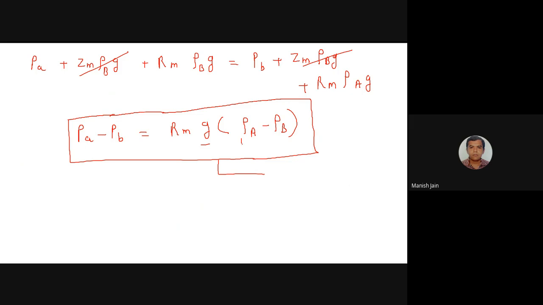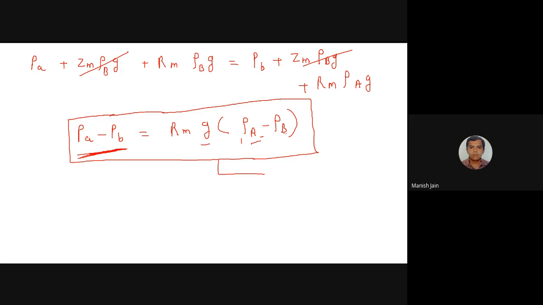Suppose it is mercury, so the density of mercury is 13,600 kg per meter cube, and suppose rho B is water, so the density of water is 1000 kg per meter cube. So you can easily calculate rho A minus rho B, and by using this formula you can calculate the pressure difference between 2 points.